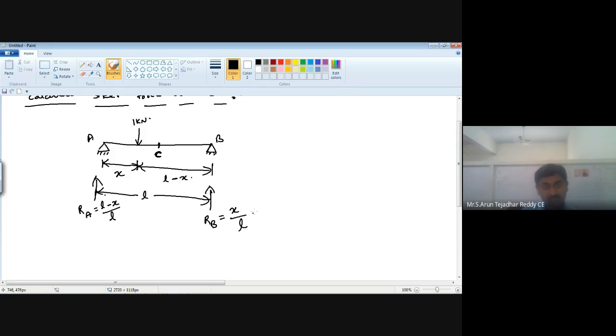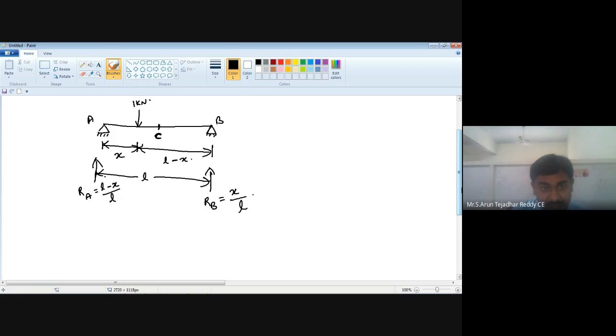Now calculate shear force at C by using the reaction values. Just listen carefully here. If you observe, there are two portions available in the given diagram.